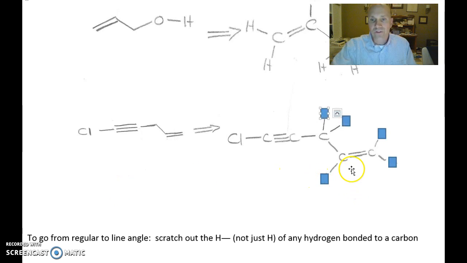What I've shown here is actually what I advise against doing. You can rewind the video and see what this originally looked like. This is just covering up the hydrogens. This is what a lot of times people do because they know that in line angle structures we don't show hydrogens connected to carbons, so they go through and cover up the hydrogens.